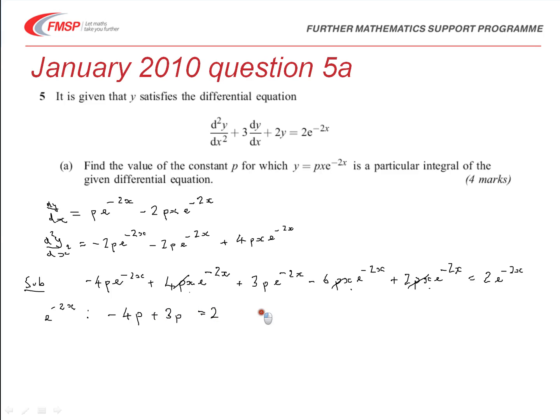So that tells us that p is equal to minus 2. So our particular integral in this case is going to be y equals minus 2x e to the minus 2x.